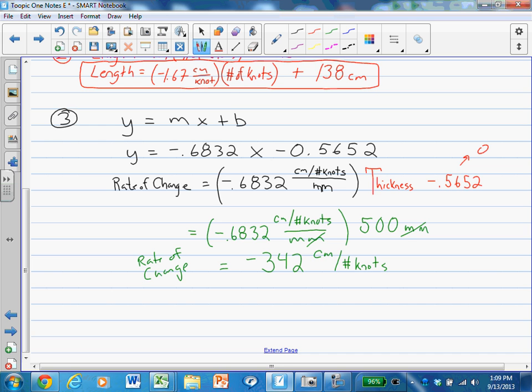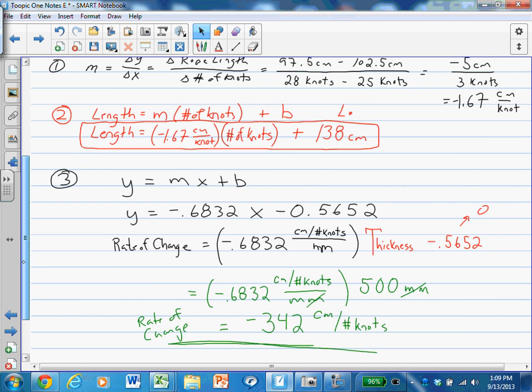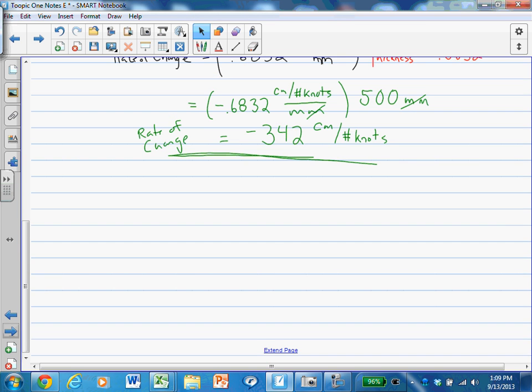Okay? So here we got this. Now if you remember, we had up here this formula for somebody's rope: length equals rate of change times number of knots, plus the original length of it. We're going to do that for our steel cable.